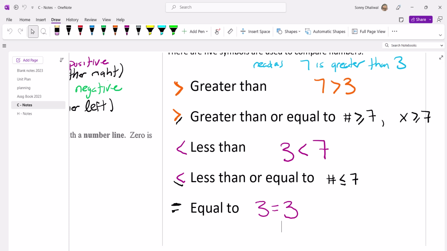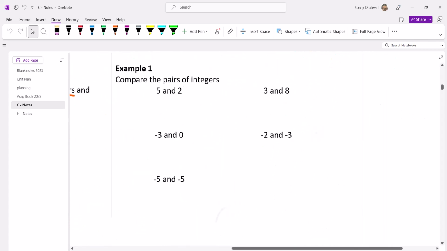The mouth of these symbols open up to the bigger number. The little line underneath means equal to. And we used symbols like X's here to represent a whole bunch of numbers. So this is saying all the numbers bigger than or equal to 7. Right? All right.